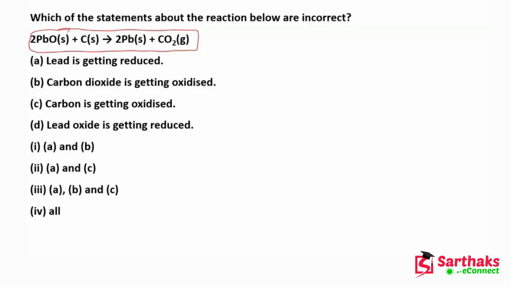So we have been given some options. First of all, before reading the options, let me write the names. This is lead oxide, this is carbon, this is lead, and this is carbon dioxide. We already know it. So what is happening?